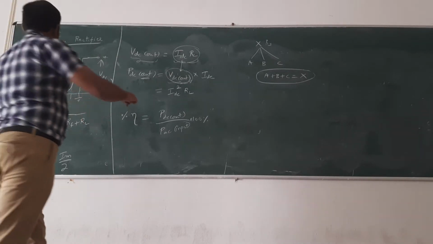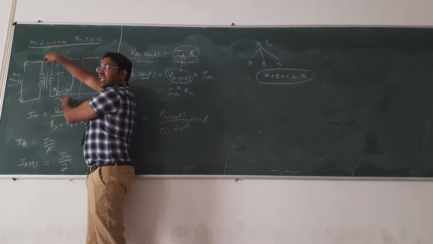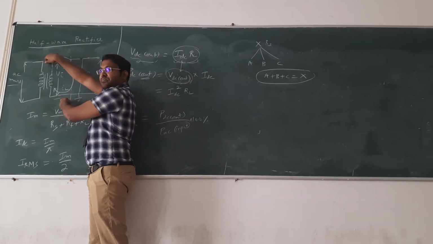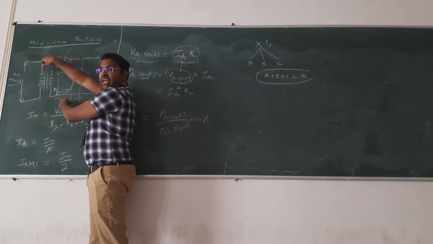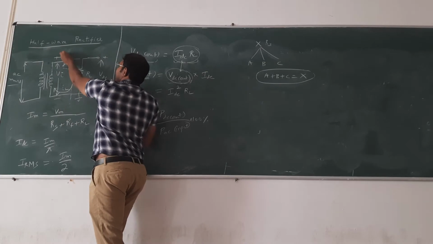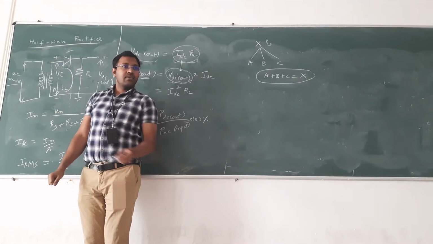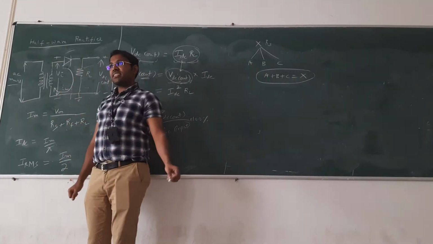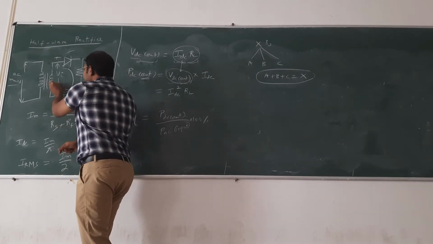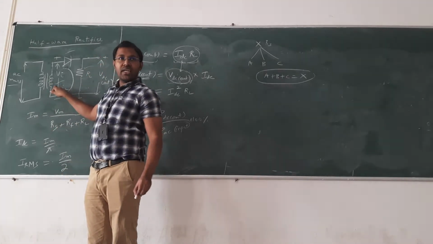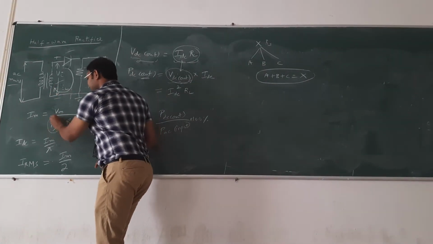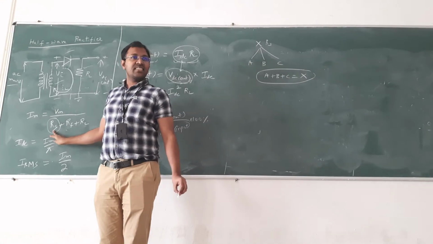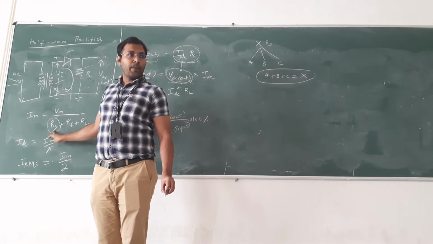Similarly, we are supplying AC voltage here. That AC voltage is shared, some part by the diode, some part by this resistance, some part by the internal resistance of the coil, which we call RS, the secondary resistance of the coil.